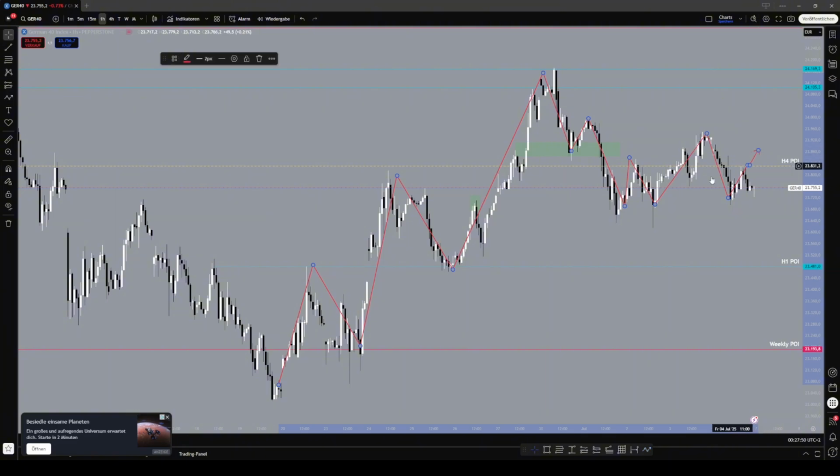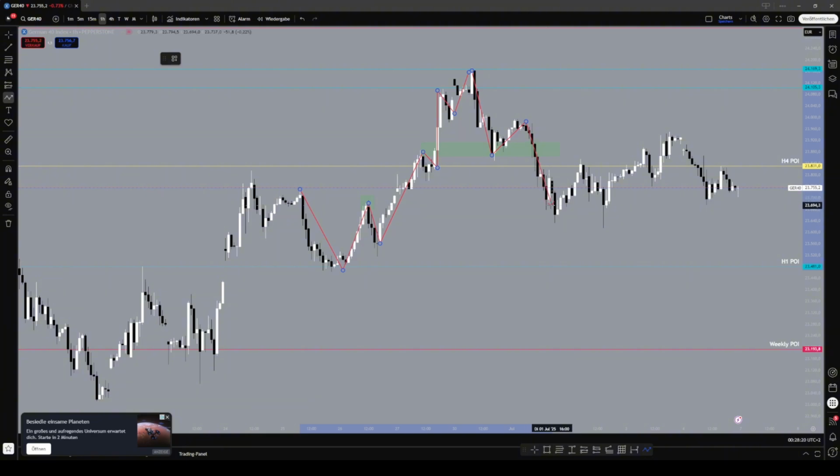But just looking at this one, we have a really big gap up here, and now you can see we should look into the smaller structure in here. That was my bad, because we have a structure over here where you can see the price is going upwards and then downwards again.